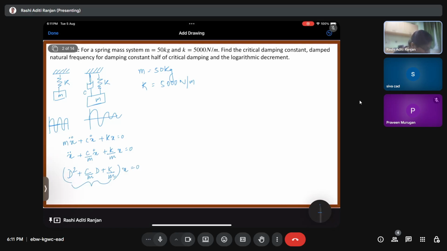Okay, now it's fine. So for this, if I want to find the root, I'll get s1,2.